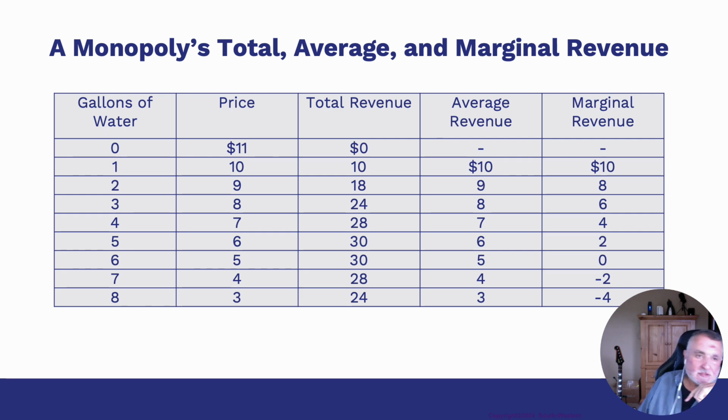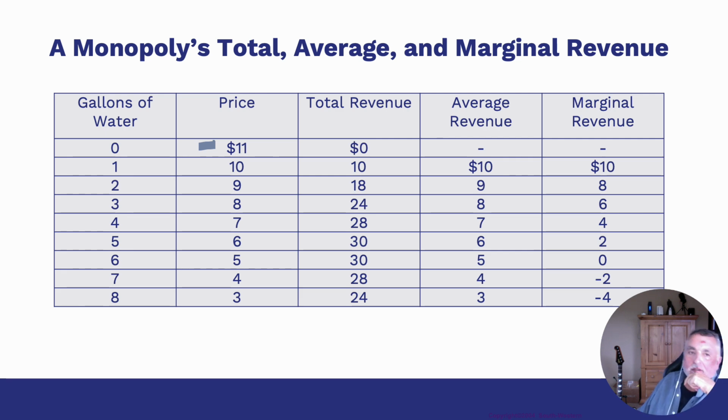So we come in the first day, we have a price of 11. Now, why not, if we're the only producers in town, why don't we just sell them for $100,000 a gallon? And of course the answer is that nobody will buy them because they're too expensive and they overshot their demand in terms of how much they could charge.